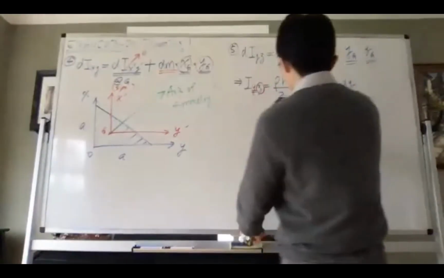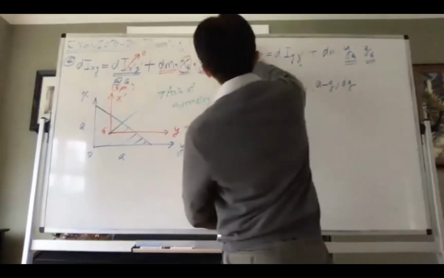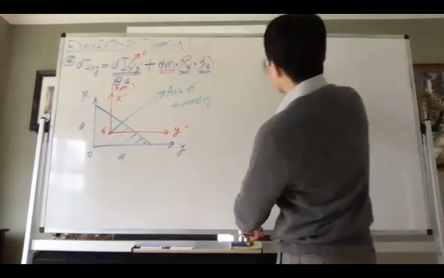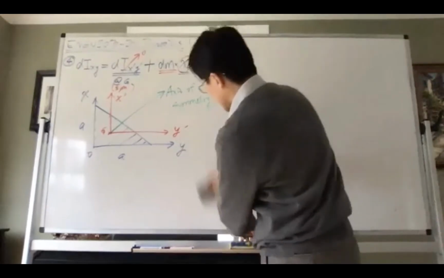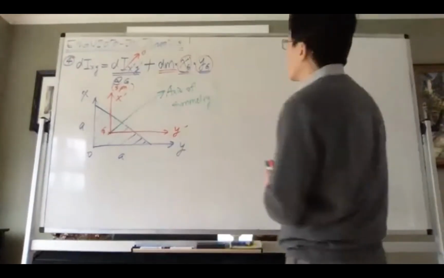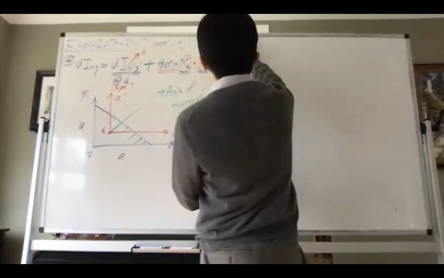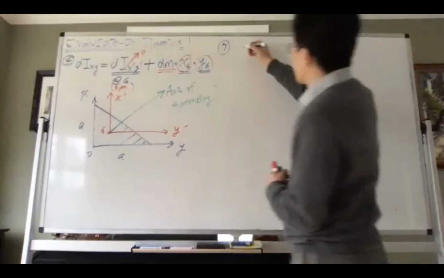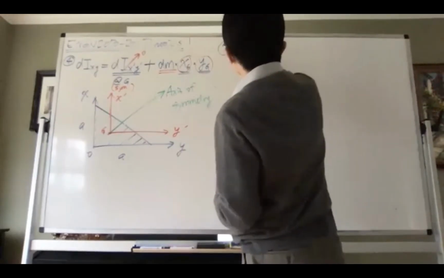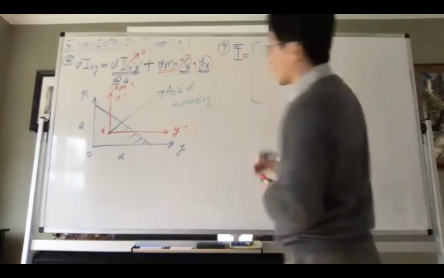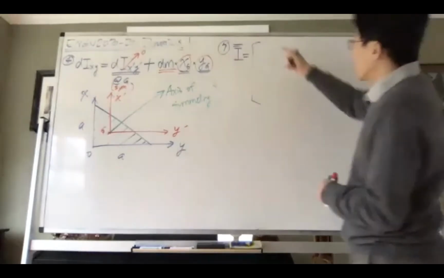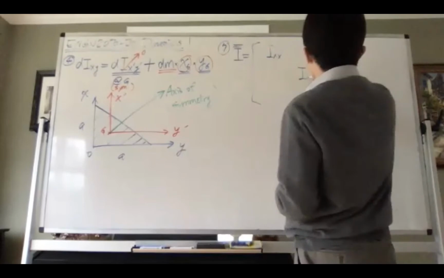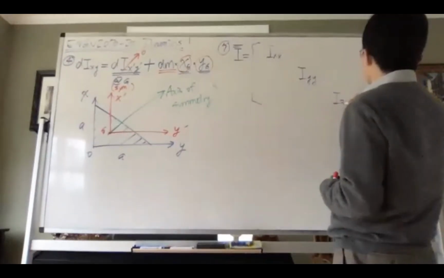Now, in the end, let's put everything together. Step 7. And I need to show you this result before we can continue this problem on Monday. So step 7. Now you have all this together, so we can put everything together like this. You can put it in a matrix. And here the diagonal terms are going to be Ixx, Iyy, and Izz.